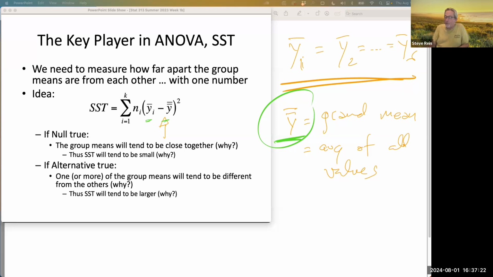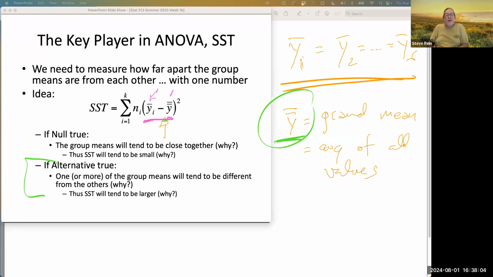Okay, what if the alternative is true? What if individual groups are quite different, much higher or much lower than the average across all of them? If some of the groups have means which are really large or really small, I would imagine for at least that group, you would have this group mean minus the grand mean be a very large difference. Or if it's considerably below the grand mean, that would be a very large and negative difference. Differences in the group means from each other will be reflected in a difference from the grand mean.